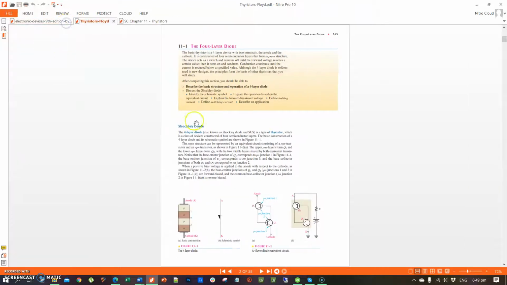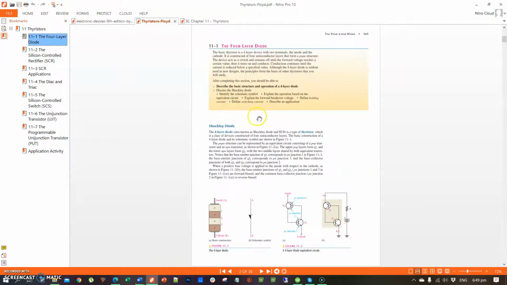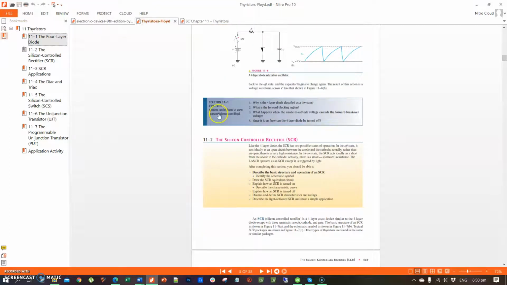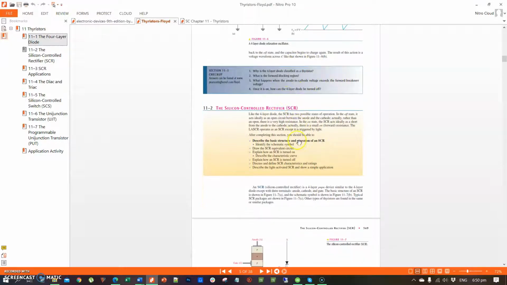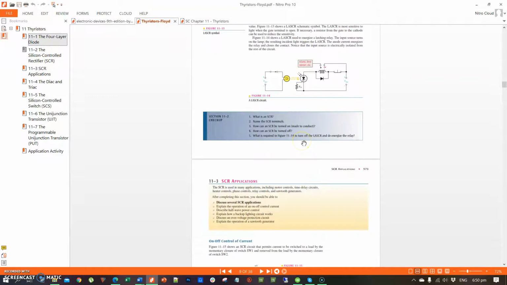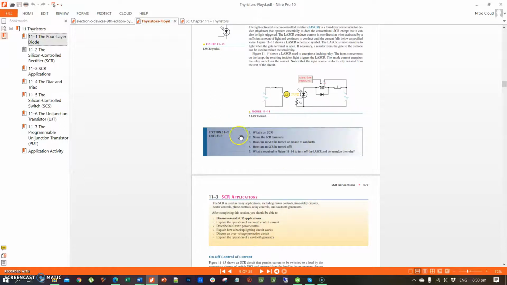Now in the end part of each chapter, you have some section checkups. Please answer these and write your answers on a piece of paper, or you can have it on the Google document. These are theoretical problems. 11-2 also has a section checkup about the SCR and so on.